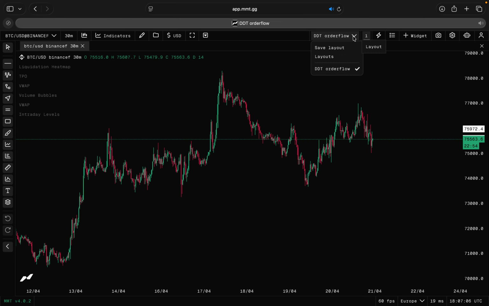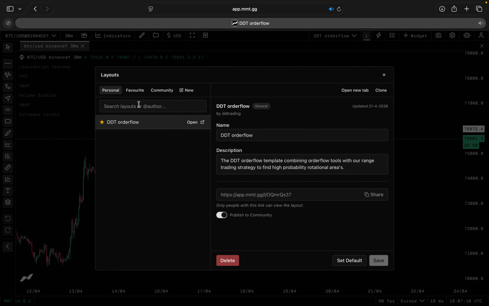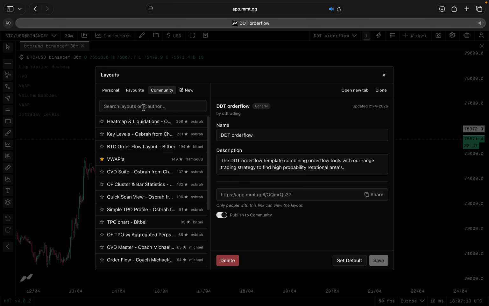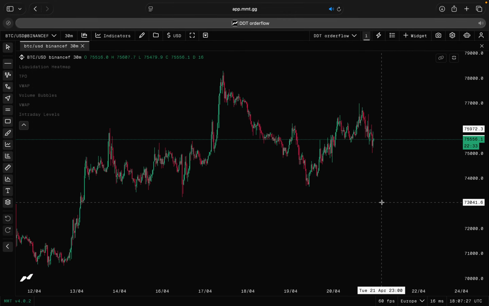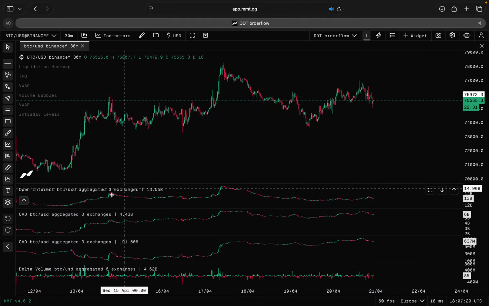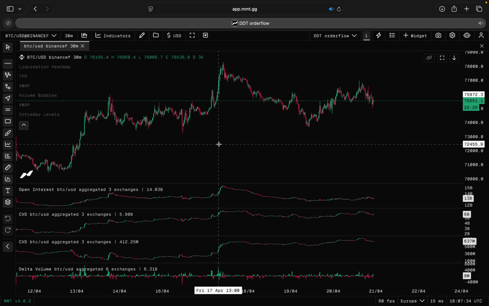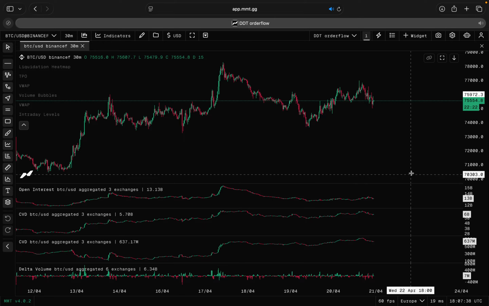If you want, you can go to your MMT, go to layouts, and then in community, if you search for DDT, you should be able to directly copy everything, so every indicator and everything here should be directly on the chart as well. Let me know if you can find it.